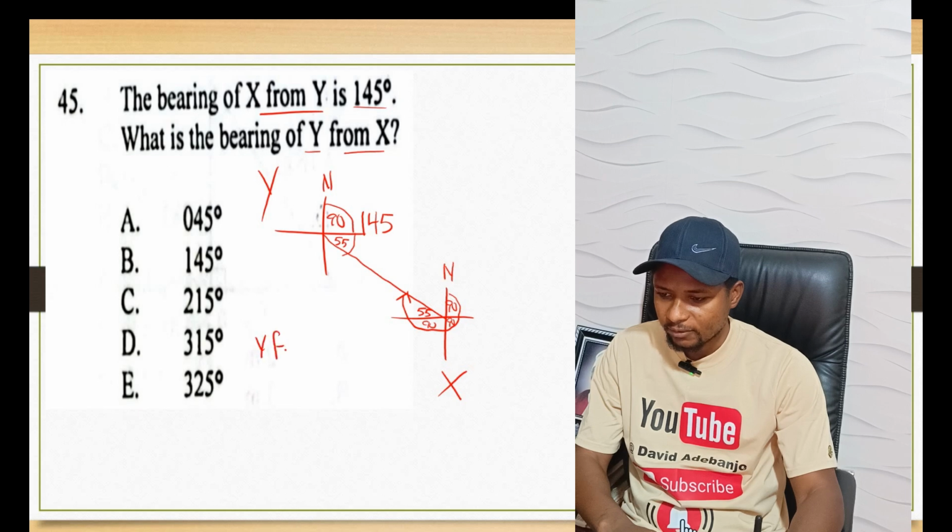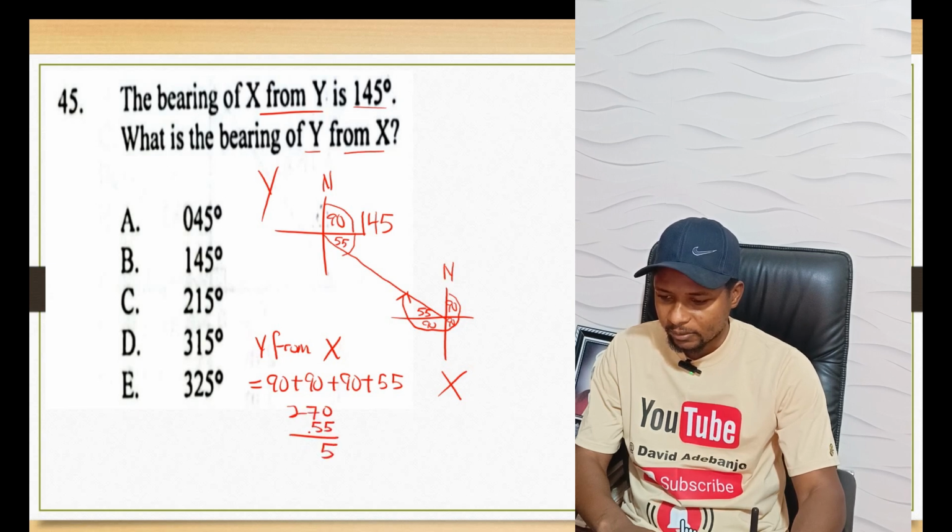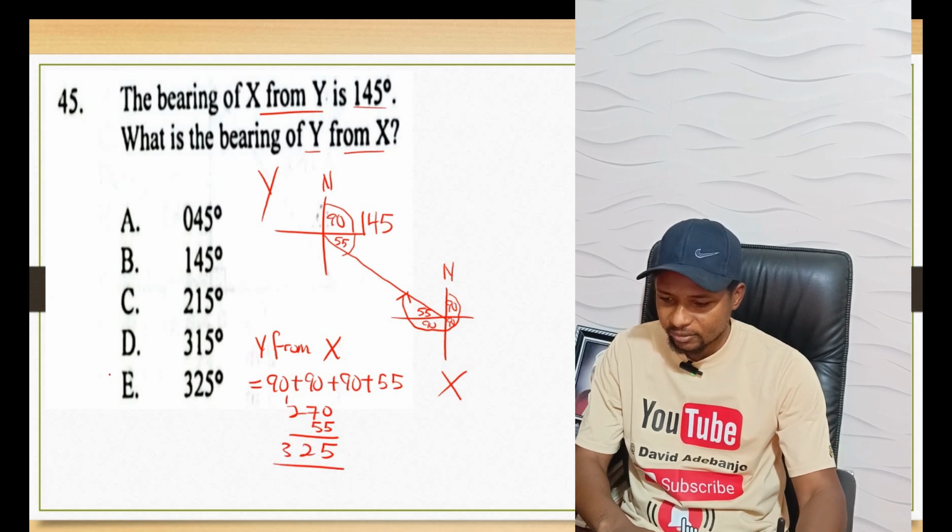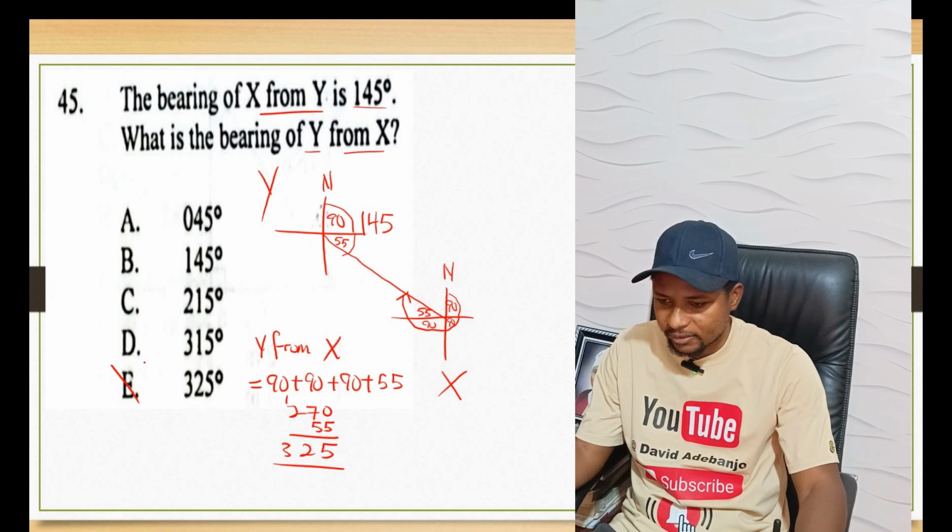So y from x is equal to 90 plus 90 plus 90 plus 55. 3 90s is 270 plus 55. That will give you 5. This will give you 12, carry 1, and that will give you 3. So you have 325. E is the right answer.